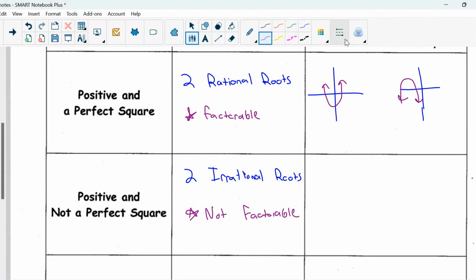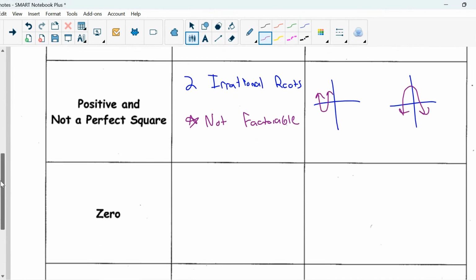Looking at your graph, that would mean that you would have two x-intercepts, yet they would not be at solid points. So it's going to look very similar to what we just had. Yet you would not have rational points at which your parabola is crossing the axis.